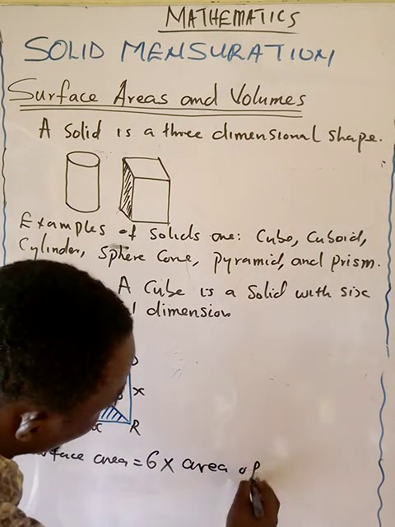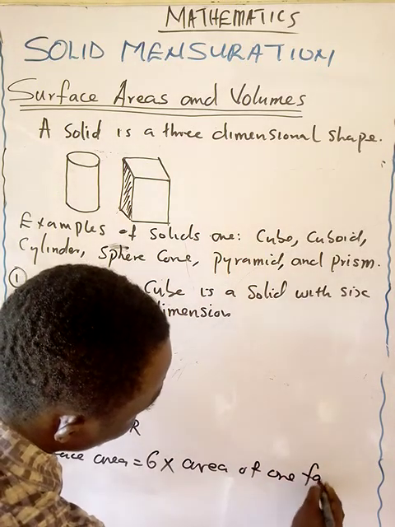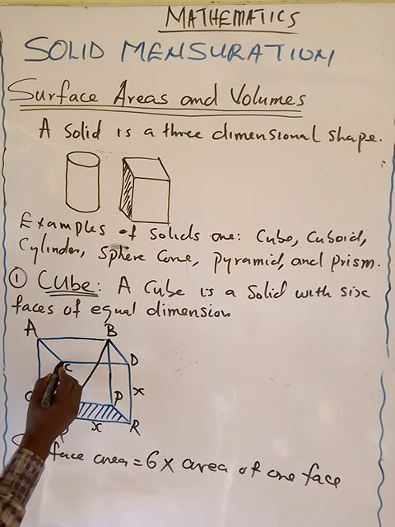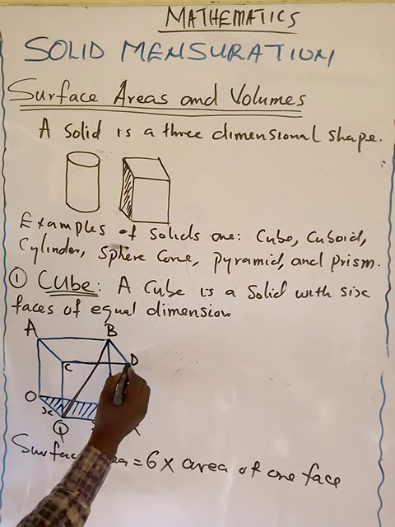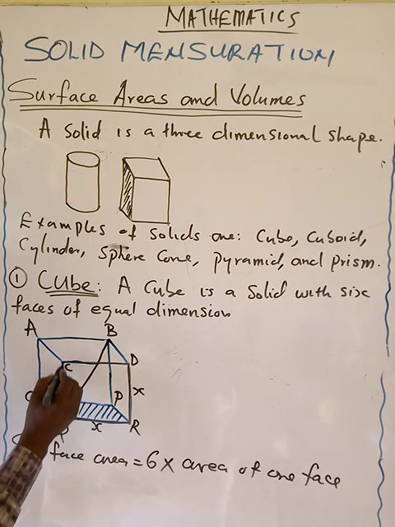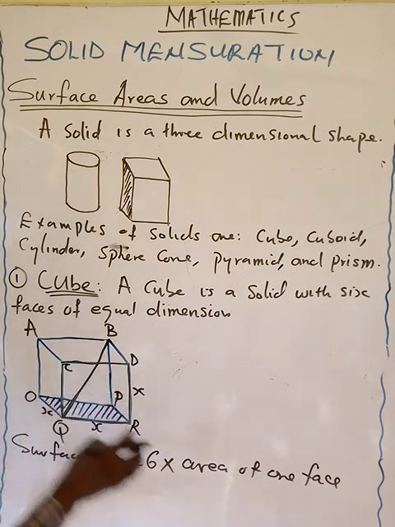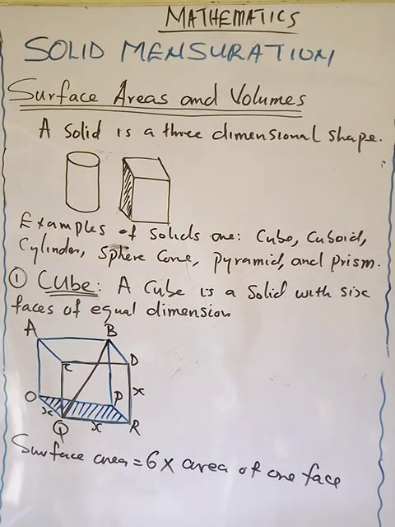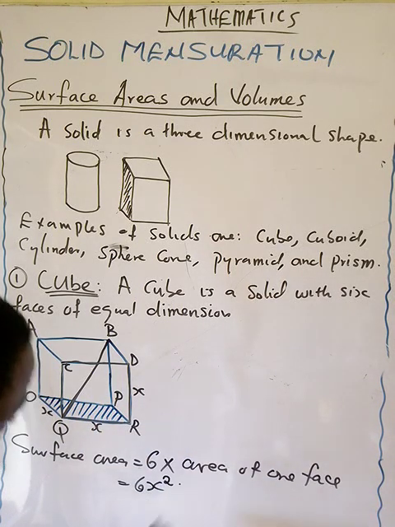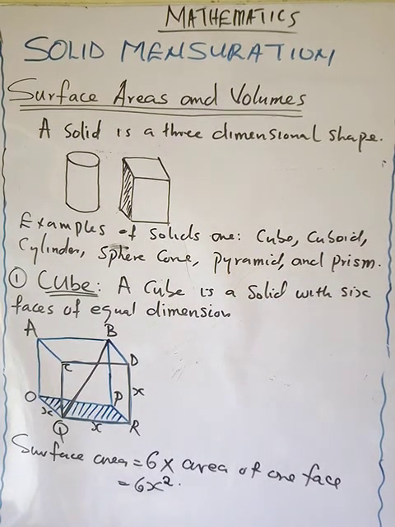So which is our area of one face? Look at this. From here, down here, down here. That is the one face we are talking about, and the one face is our x. X times x will give us x squared. So that is how to calculate the surface area of a cube.